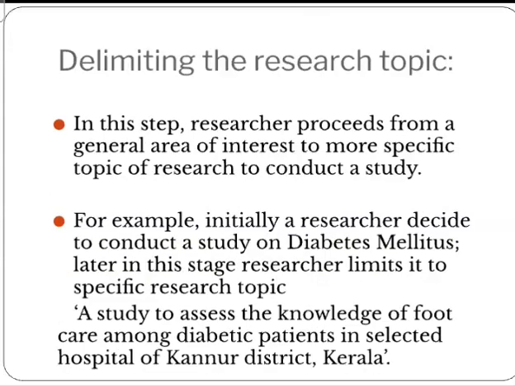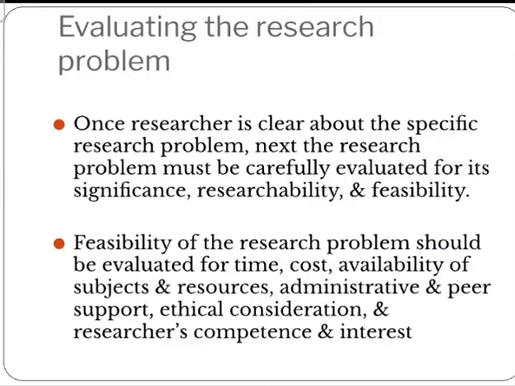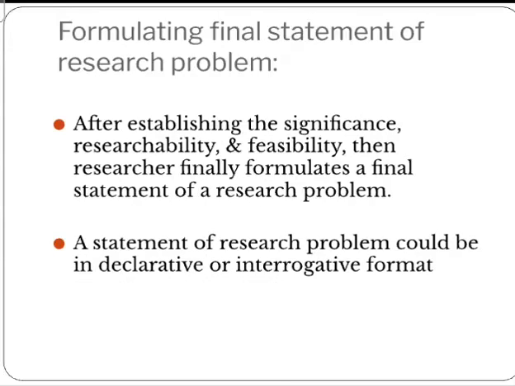That is, you make it more specific, you narrow down your broader area to a specific topic, and then you will evaluate that research problem with all the criteria we discussed, like significance, researchability, whether it is current, or whether it is feasible. Everything you have to check, and then you will write it as a statement.